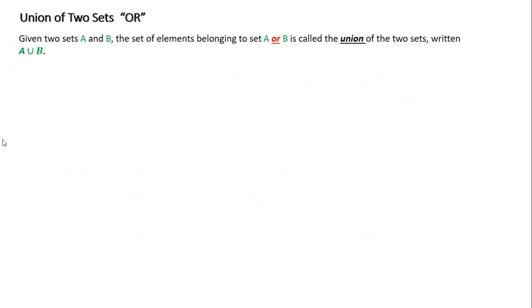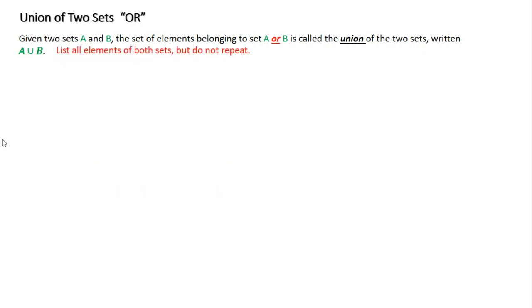The formal definition of union: the set of elements belonging to set A or B is called the union of the two sets, written as A union B. The way I like to think of union is that I want to look at everything that results from putting two things together, right? But you've got to be careful. We don't count duplicates, okay?